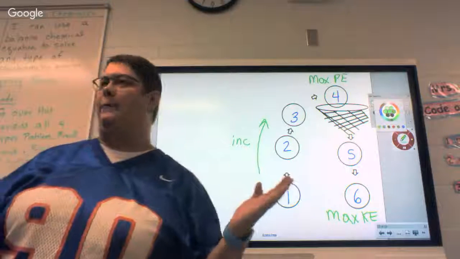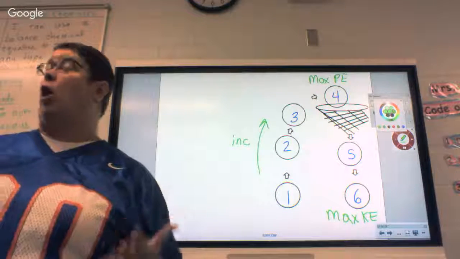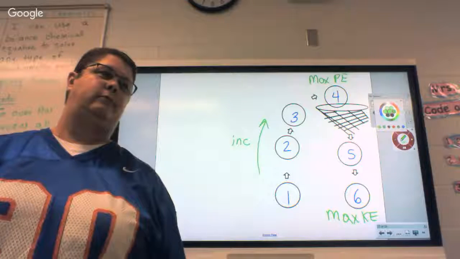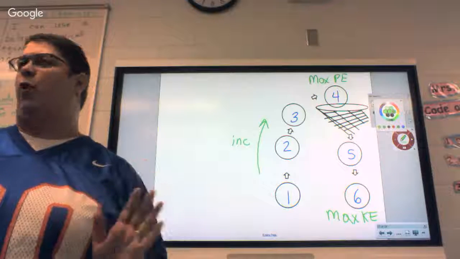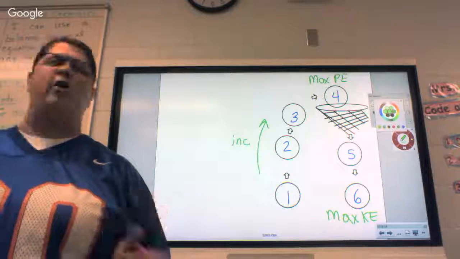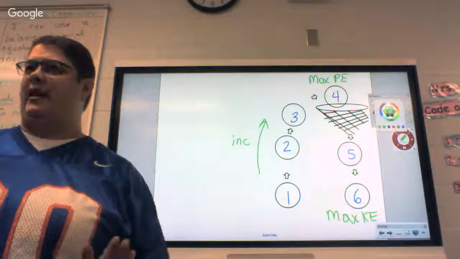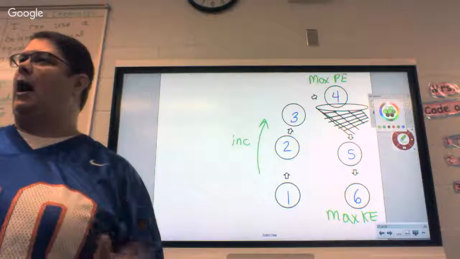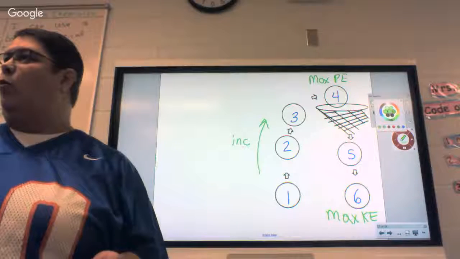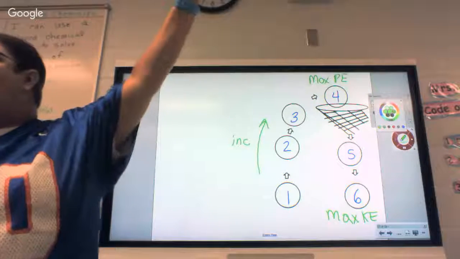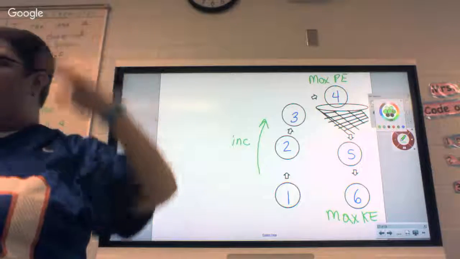When you throw a ball up, does the ball go faster or slower when you throw it up in the air? It goes slower. When you press launch, guys, y'all have all done this before. We are not getting balls out. We are not throwing them around. Y'all are 11th graders. When you throw something up in the air, it is going to slow down. When it gets up to a certain point, it's going to stop for a second, and then it's going to drop back down.